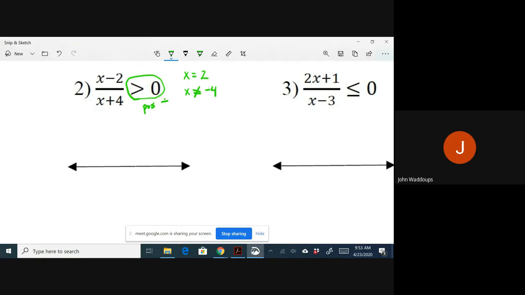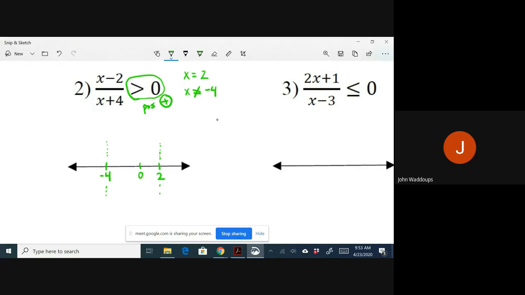So positive numbers. So when we're finished with this down here, we're going to have some positive numbers. So I'm going to put -4 down here, and 2. Really just including 0 for reference. So then we're going to have our sign chart, and we consider each one of these numbers.